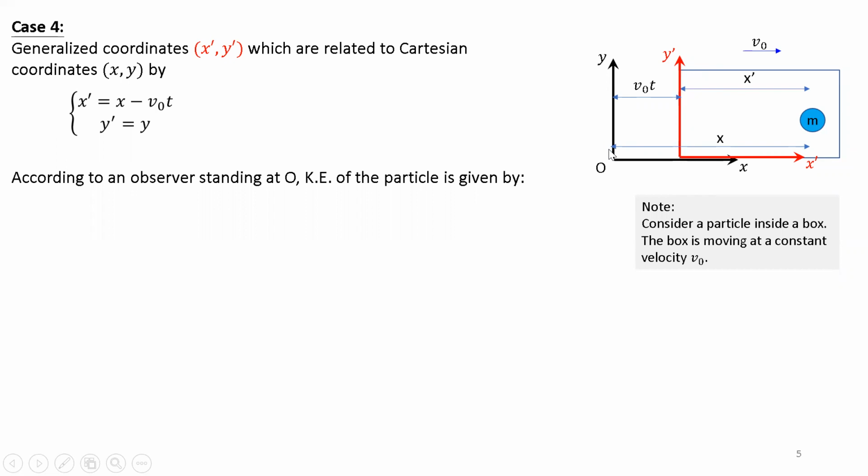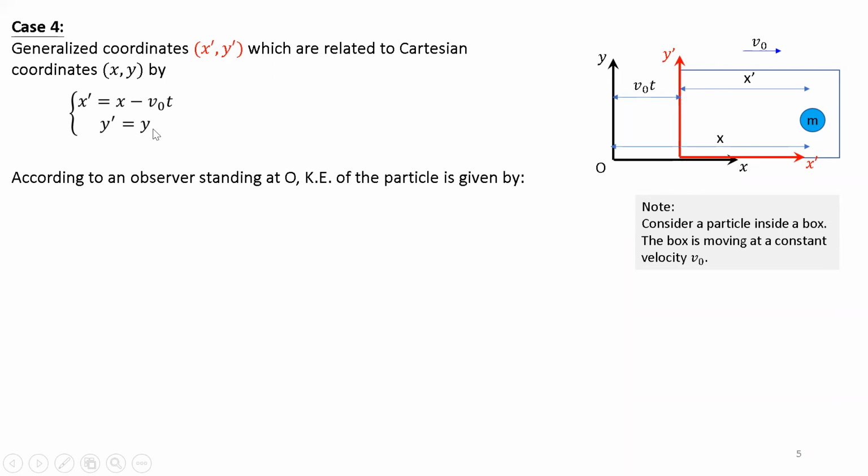Therefore this x prime and x are related by this equation here. For y and y prime, they are just measured from the bottom here, so y and y prime are just the same.